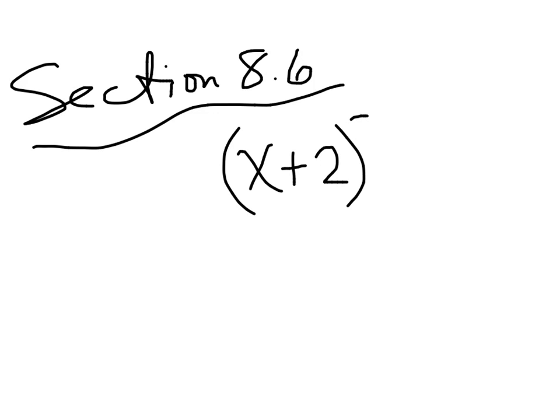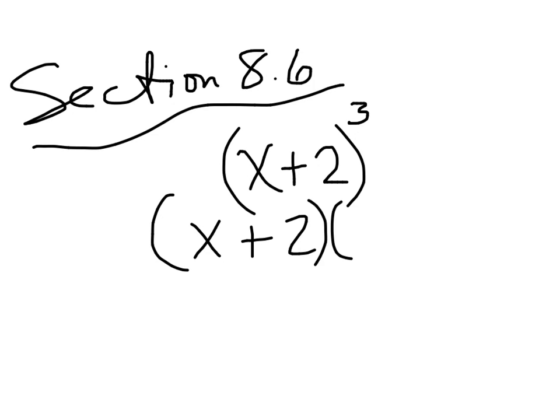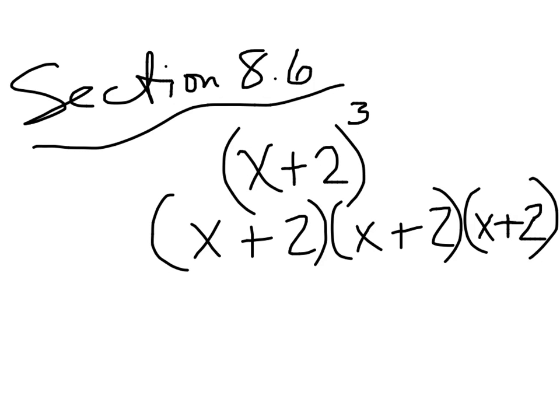In the past, you guys have done stuff like this, where it's just a 2, or maybe even a 3, where most of the time what you would do is write it out 3 times and start foiling it. That's not uncommon for us to do, or even if it's just 2, then we only have 2 of them, where foiling doesn't really take that long.